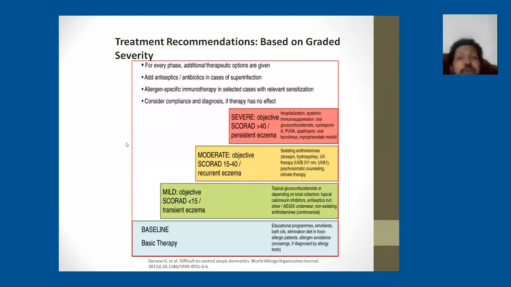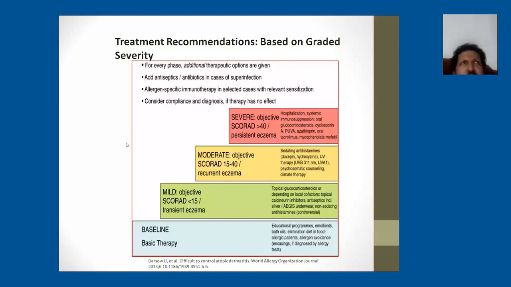Sometimes we have to add treatments like tacrolimus or pimecrolimus, which are steroid sparing creams. They are topical calcineurin inhibitors, which are very safe. Initially, they were used in children over 2 years, but now there's increasing evidence that it's safer even in younger children.